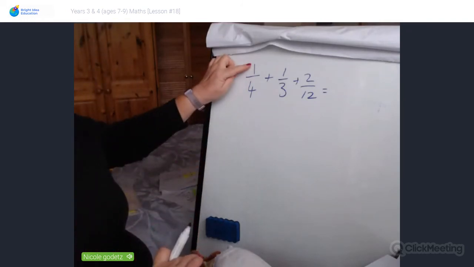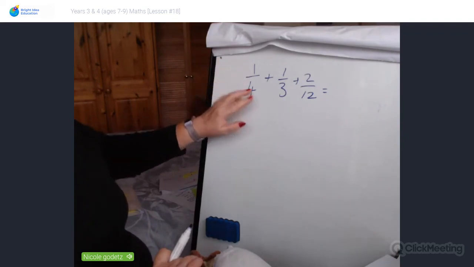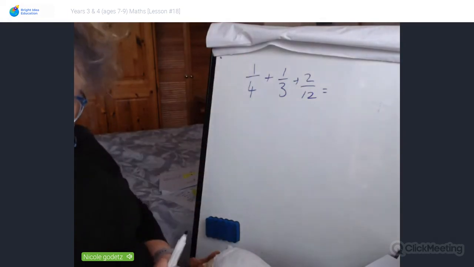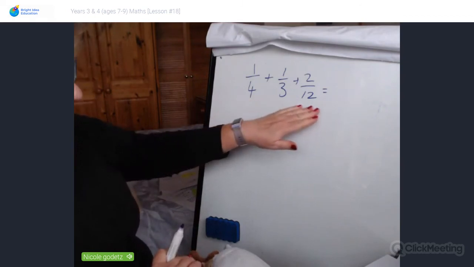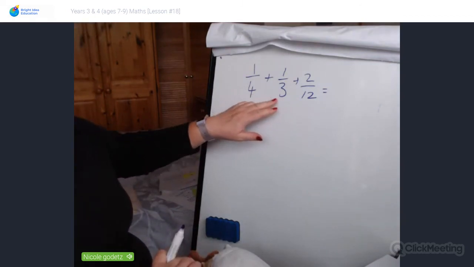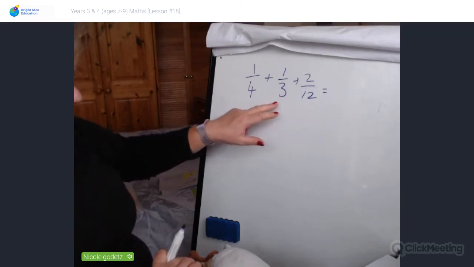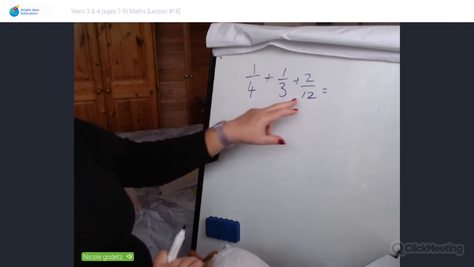So if we're going to find an equivalent fraction of 1/4 to have the same denominator as 12ths, it's still got to have the same ratio. So when we look across here, we can see they're all in a family. Okay, these are all in a family. We can see that actually the lowest common multiple here is 12, because 3 goes into 12, 4 goes into 12.